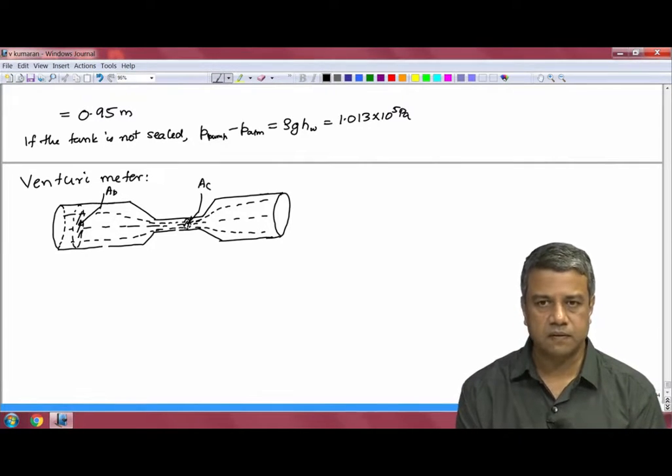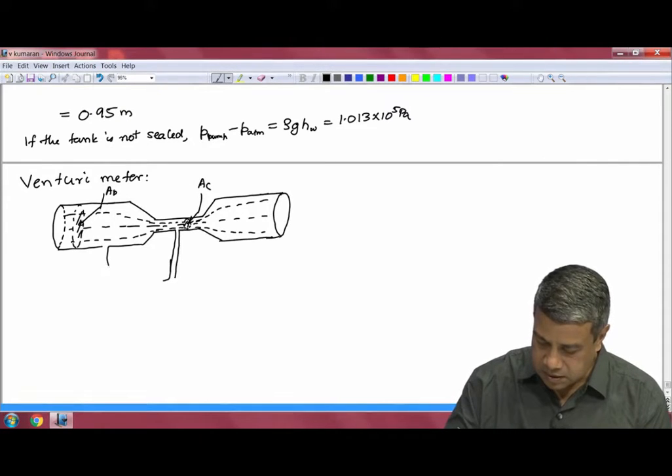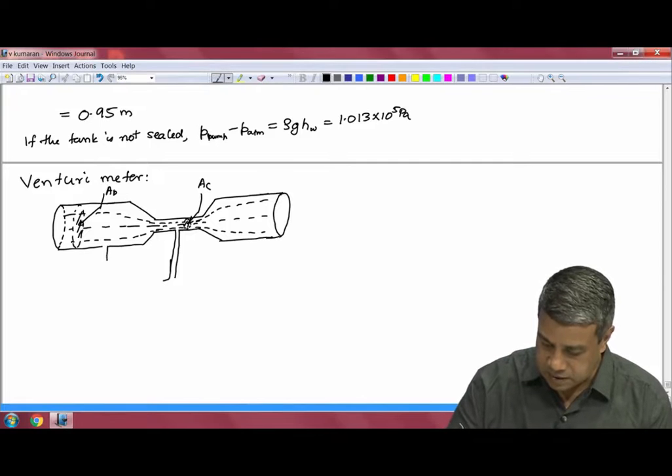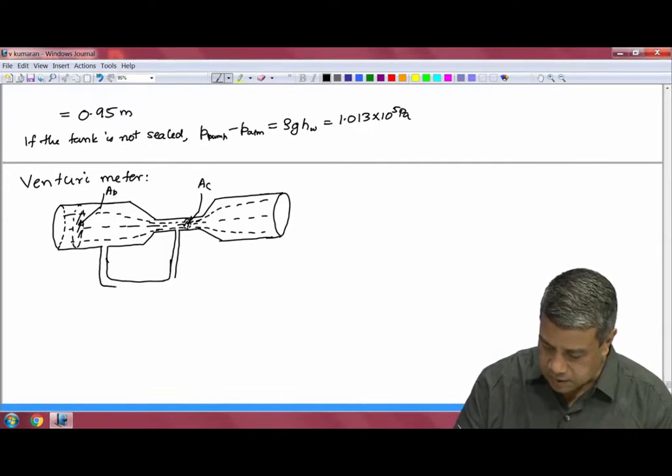Therefore, if the area is smaller, the velocity has to be higher. And there are usually pressure tappings which record the pressure difference between the contraction and the pipe.